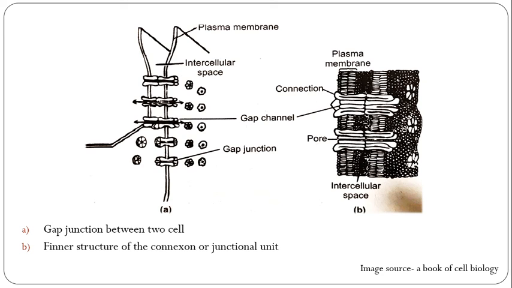And the second diagram is the finer structure of the connexon or the junctional unit. So this is the plasma membrane of the two cells. The first and second rows are the plasma membrane connections and the gap junctions, and in the middle area is the pore or the intercellular space. The space between the two plasma membranes is the intercellular space.